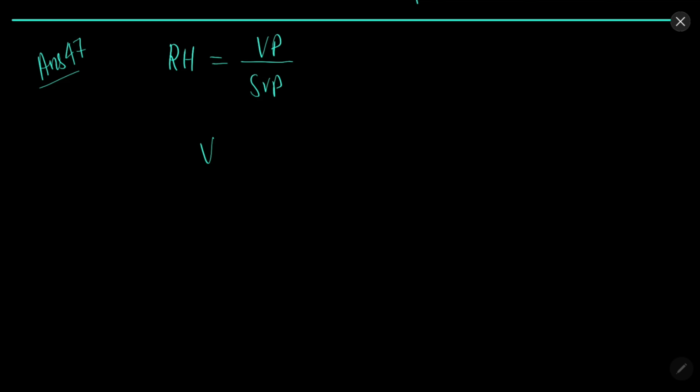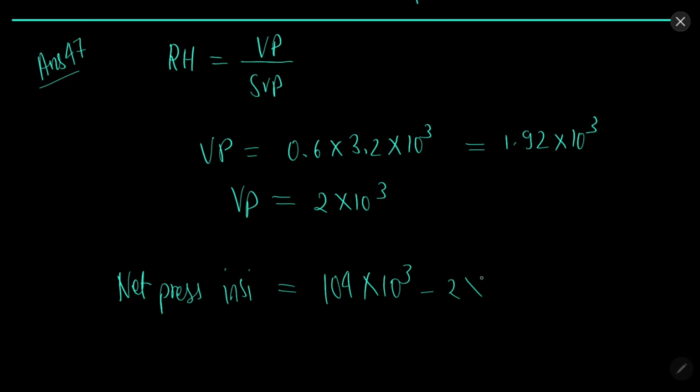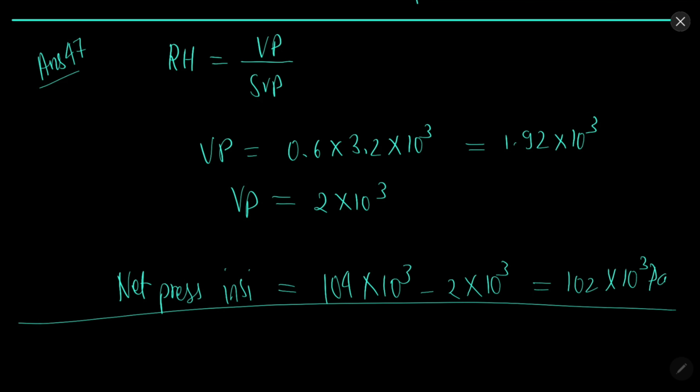So vapor pressure will be 0.6 into 3.2 into 10 to the power 3, 1.92 into 10 to the power 3, around 2 into 10 to the power 3 approximately. So when vapor pressure is reduced to 0, net pressure inside will become 140 into 10 to the power 3 minus 2 into 10 to the power 3. So 102 into 10 to the power 3 pascals, 102 kilopascal.